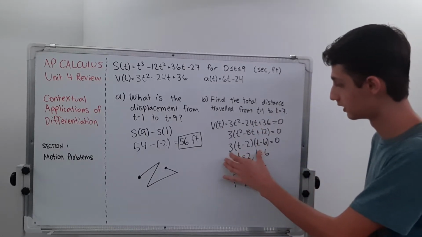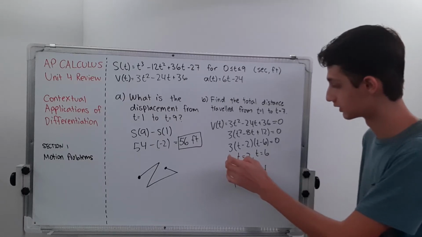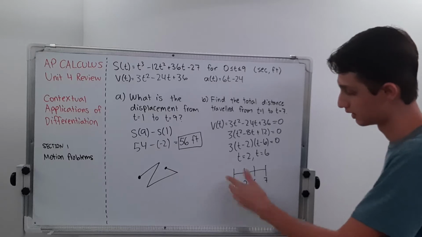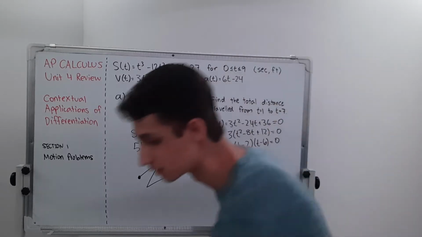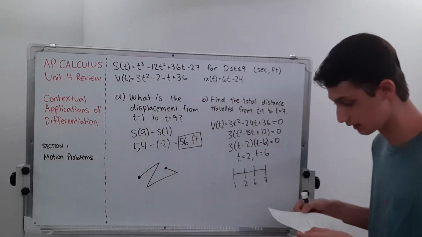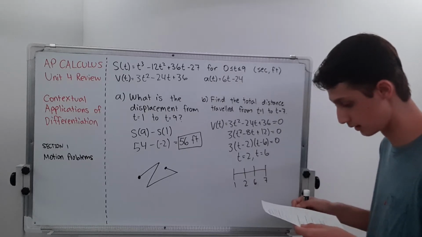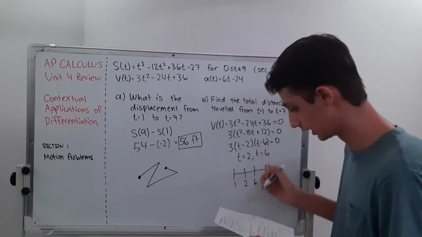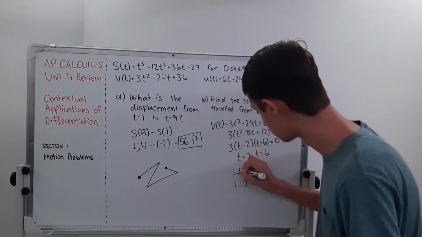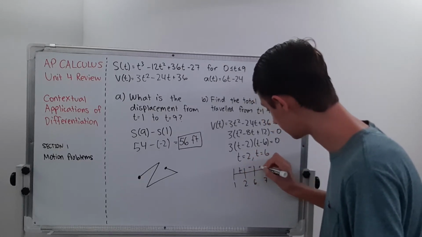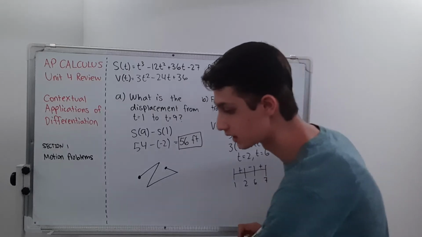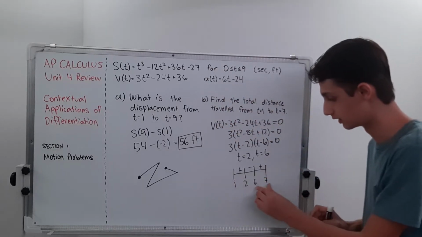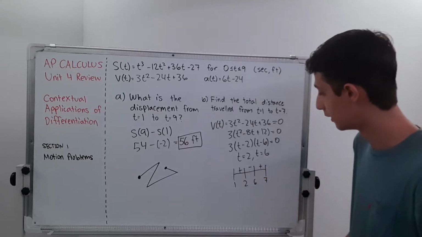So 3 times 1.5 squared; if we plug in 1.5, we're going to get a positive number. So we're going to get a positive, then a negative, and then a positive. If you just plug in numbers between these two, these two, and these two, that's what you're going to get.